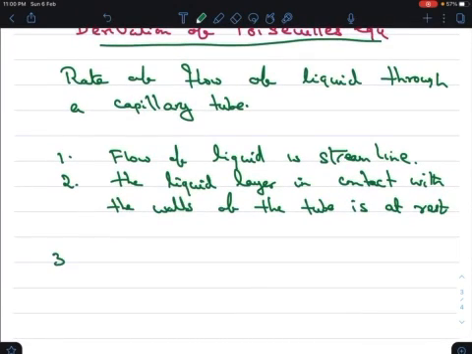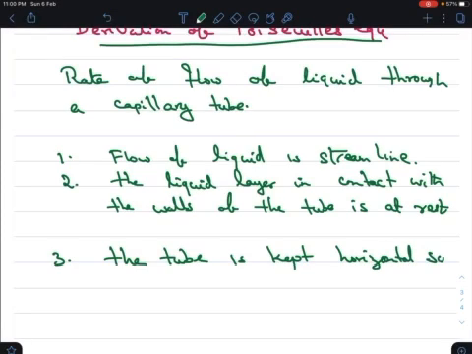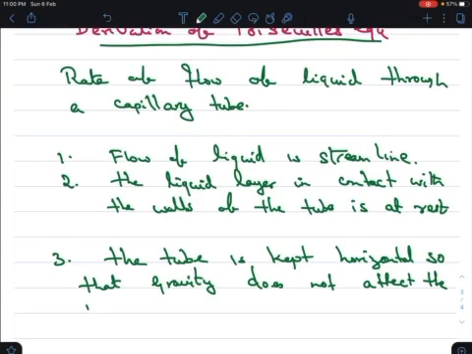Thirdly, the tube is kept horizontal so that gravitational force does not affect the flow of liquid.